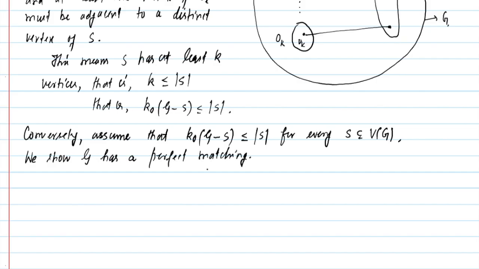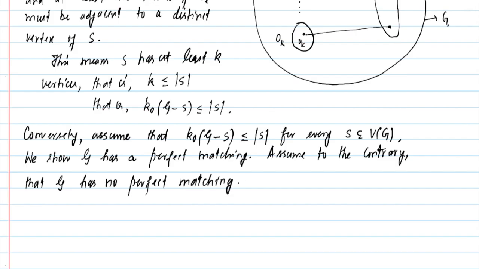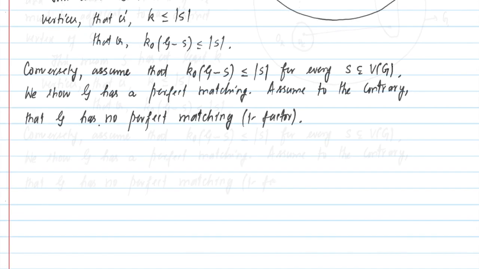Now assume to the contrary that G has no perfect matching, or a one factor. So we have the graph G and we are assuming it has the number of odd components of G minus S less or equal to order of S, and suppose G has no perfect matching.